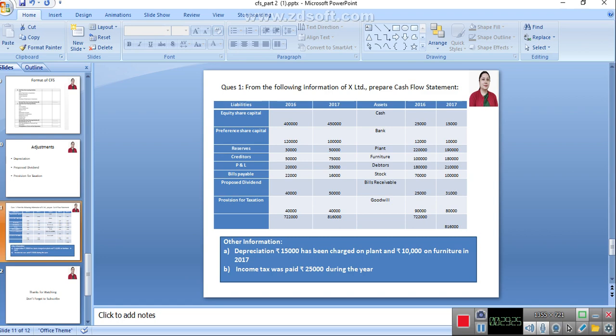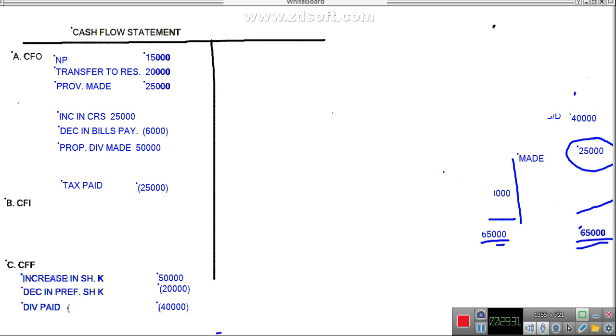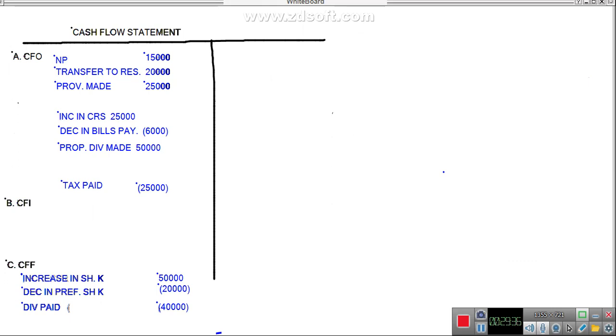So how do we prepare any asset account? Let me make you clear. For any asset account, like here, first we have to prepare a plant account.